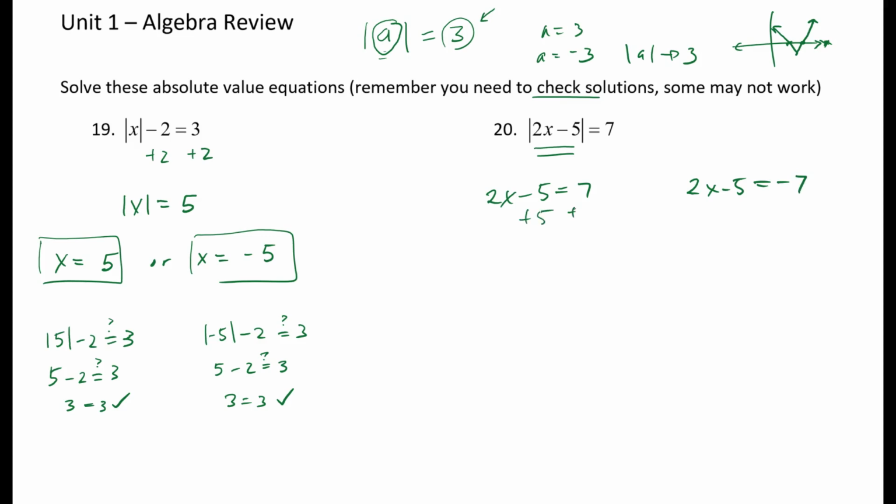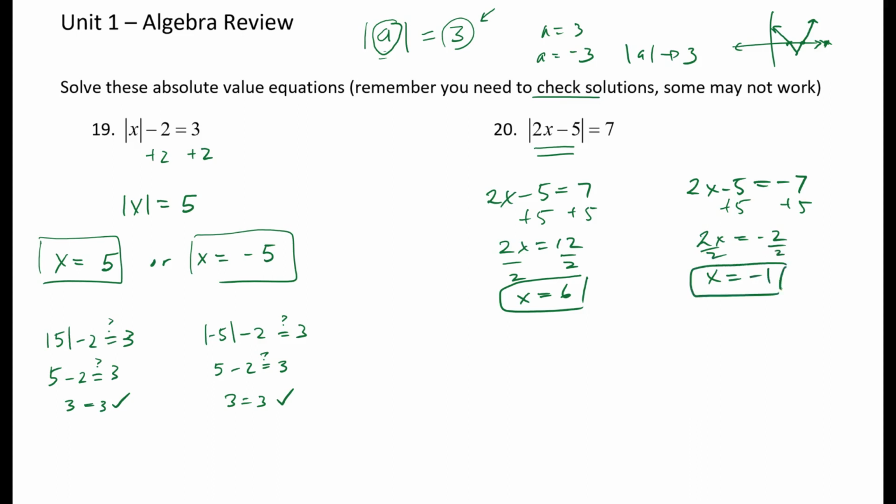So here we're going to add 5 to both sides. 2x equals 12. Divide both sides by 2, we get x equals 6. And here we're going to add 5 to both sides again. 2x equals negative 2. If I divide both sides by 2, x is equal to negative 1.